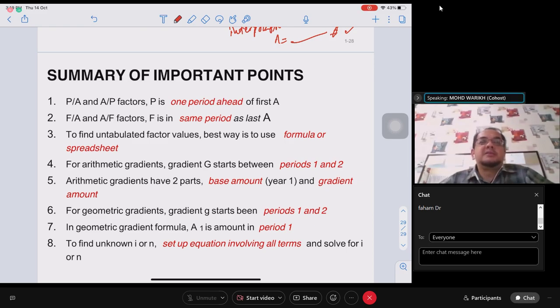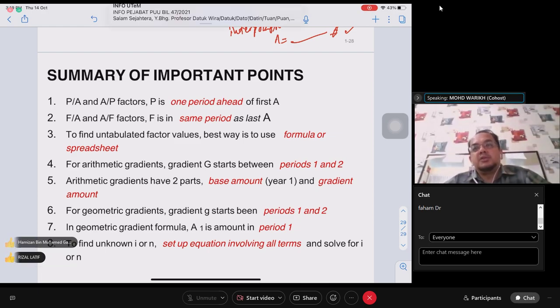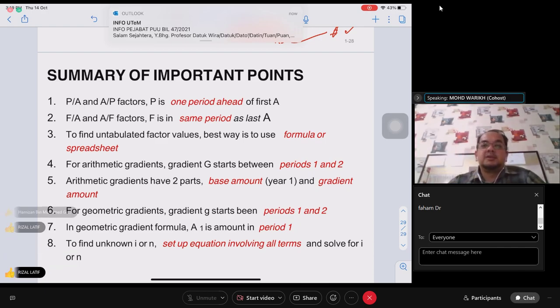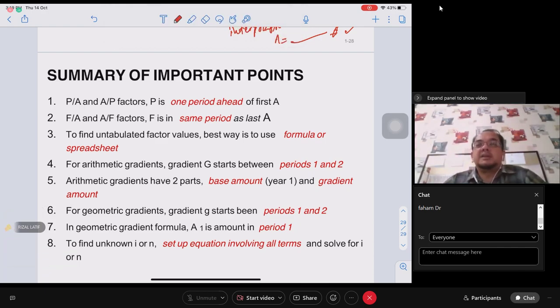So any question? No question, Doctor. Good. For those who are still blur, refer back to the slide, and then slowly I think we will understand. Is there anything else to ask?